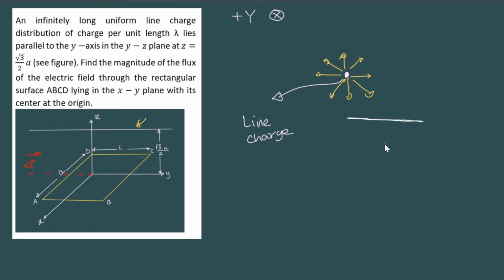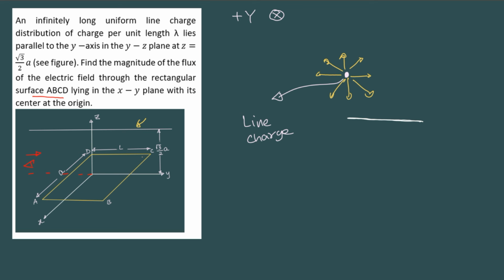The diagram may be slightly confusing, but let's read the last sentence. What does it say? We want the flux through this rectangular surface ABCD lying in the XY plane with its center at the origin. So this is actually lying on the XY plane. The wire is at a distance root 3 by 2 a from the rectangular plane.